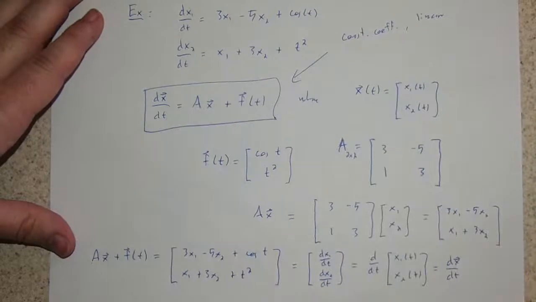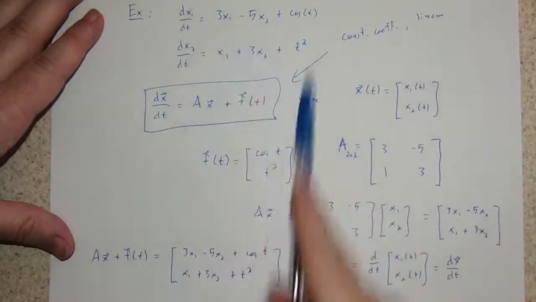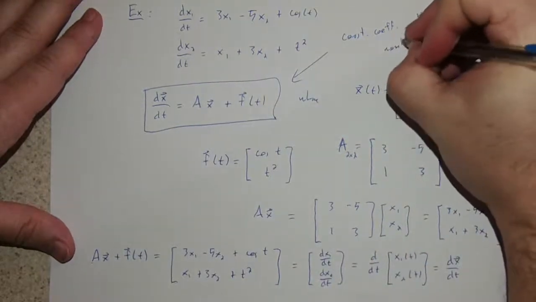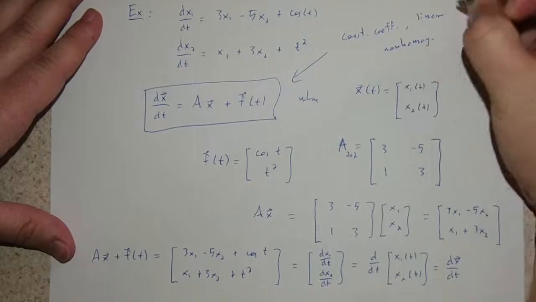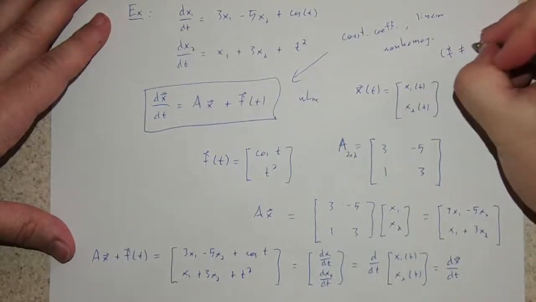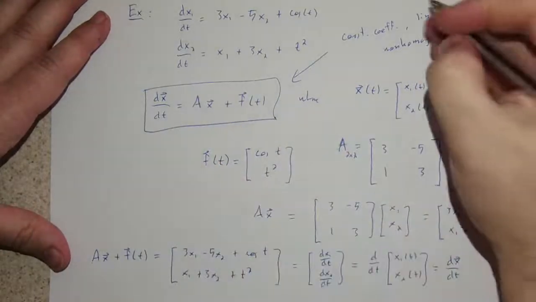So it's linear means I can put it in this form, where this f is not just some general function that involves the x, it actually only involves t. This is non-homogeneous, and it's non-homogeneous because f is non-zero. So this f is not the zero vector. It's not zero in every slot.